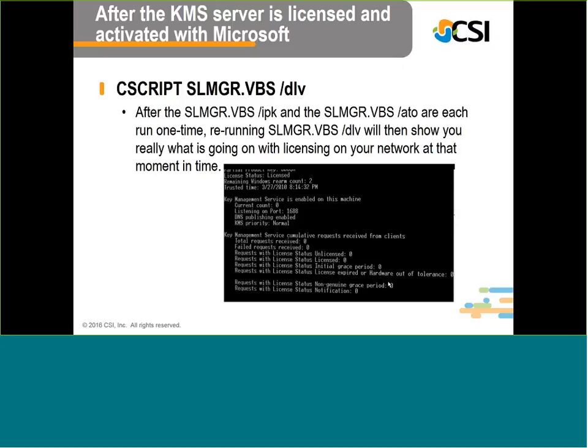On the bottom, you're going to see how many requests were received, what's going on, how many are licensed, and the like. The big one to realize is the grace period. Machines or Office versions that are out of grace, meaning they're greater than 30 days without being activated, cannot be used against KMS.